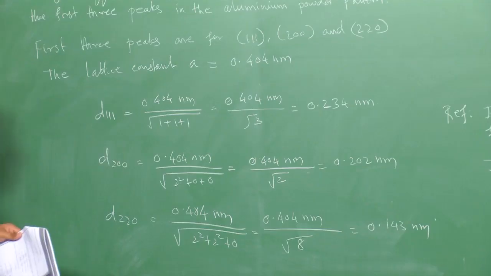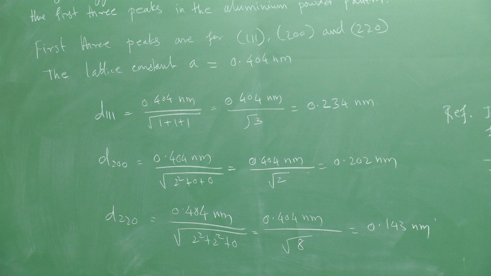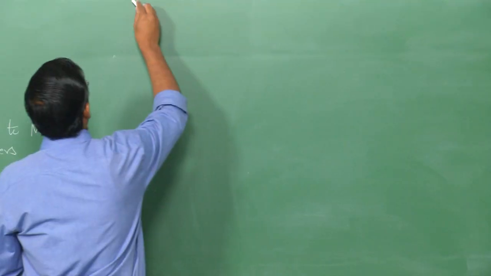So, now we have the d spacing. From there we have to calculate the corresponding theta.